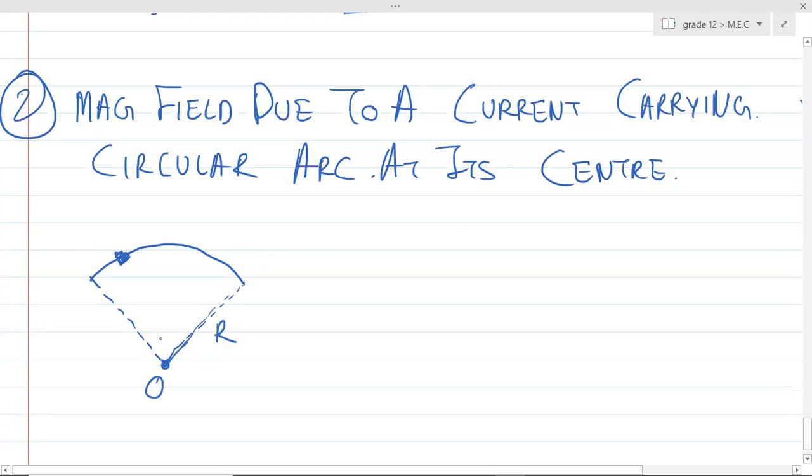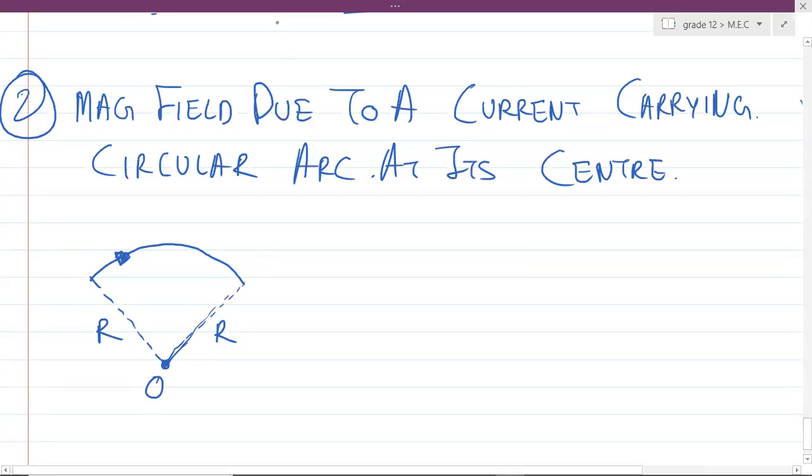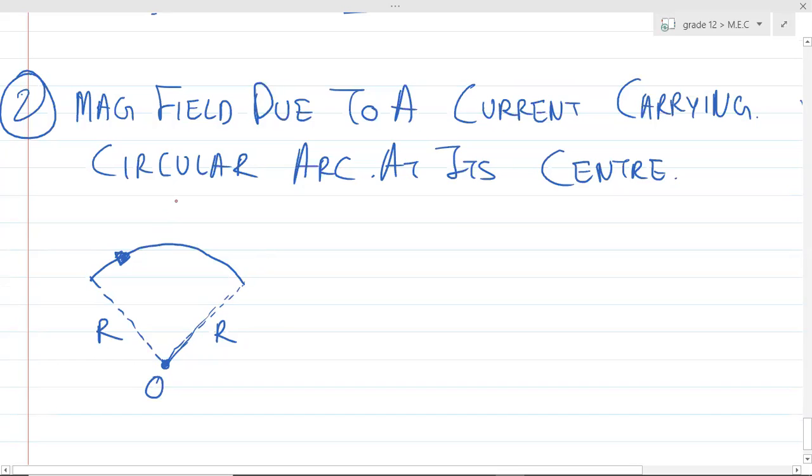Let's say this wire is of radius r. Suppose this whole angle is phi, then what will be this angle? Let me make it a little bit bigger, guys.